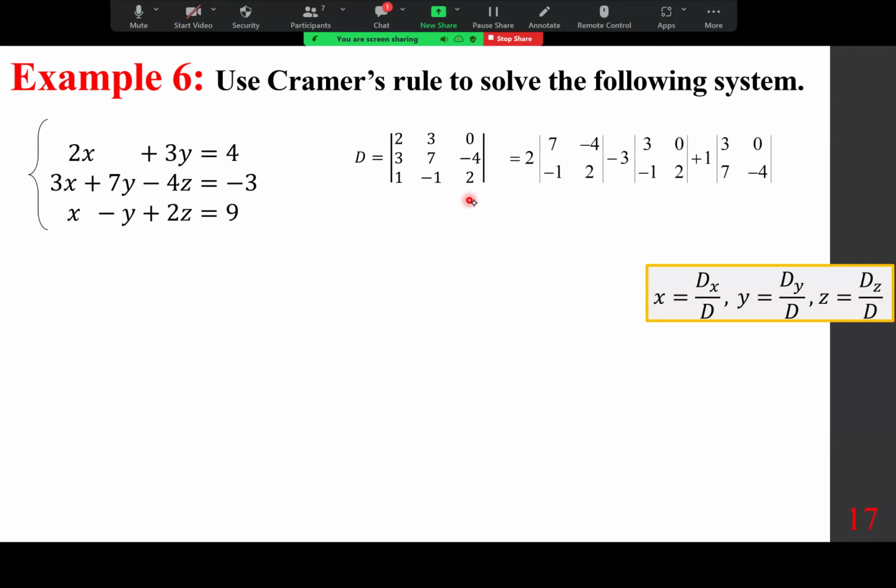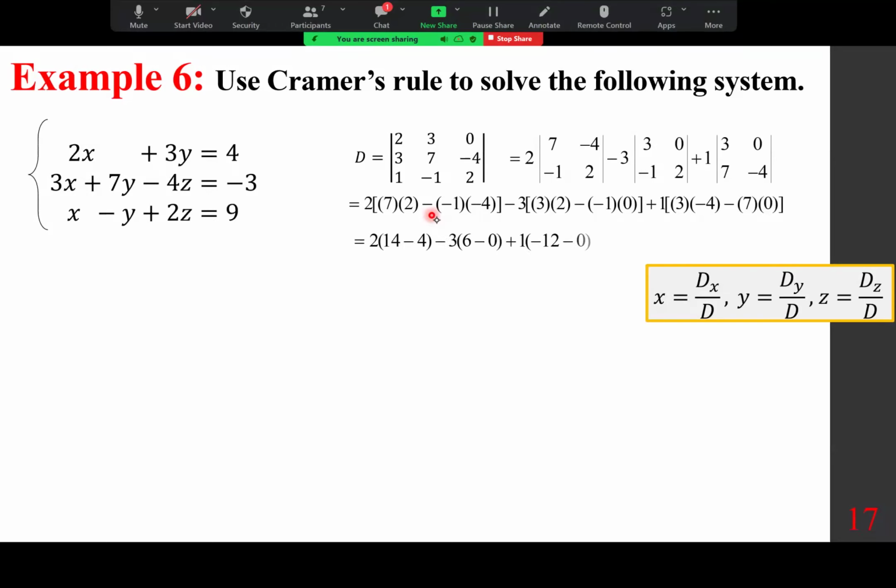So 2 times the matrix, this one, 3 times the matrix 3, 1, negative 4, 2, and 0 times this one. Will result in this answer.